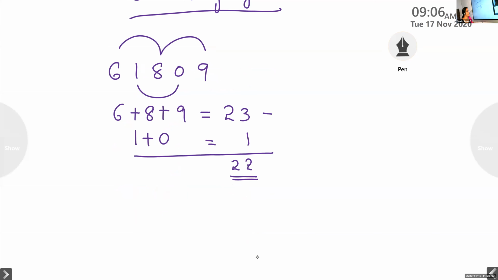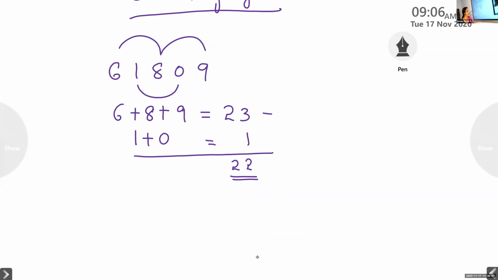Now I'll give one more example. 1, 3, 3, 1. How will you proceed? First you take the first number 1 plus the alternate number 3. What is 1 plus 3? 4.